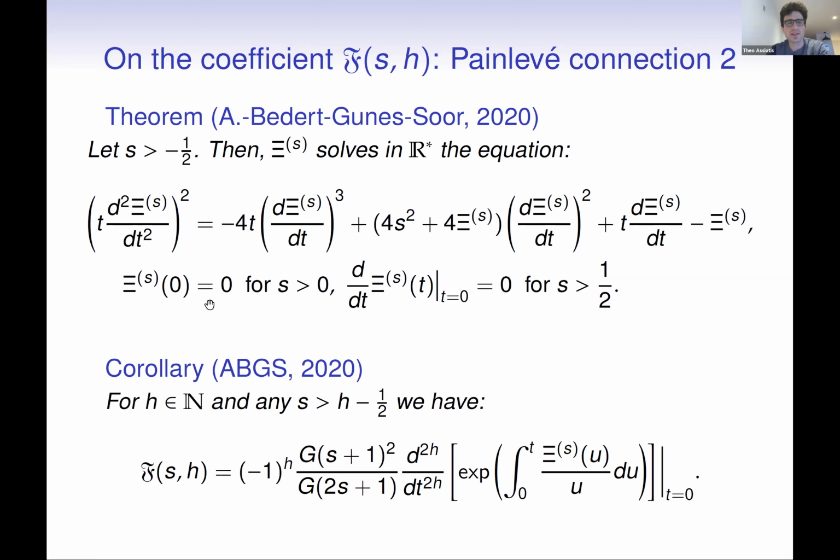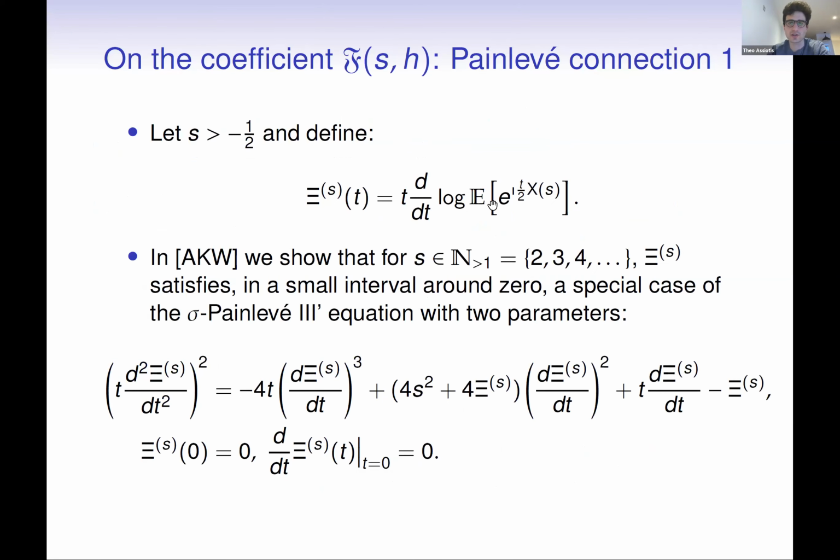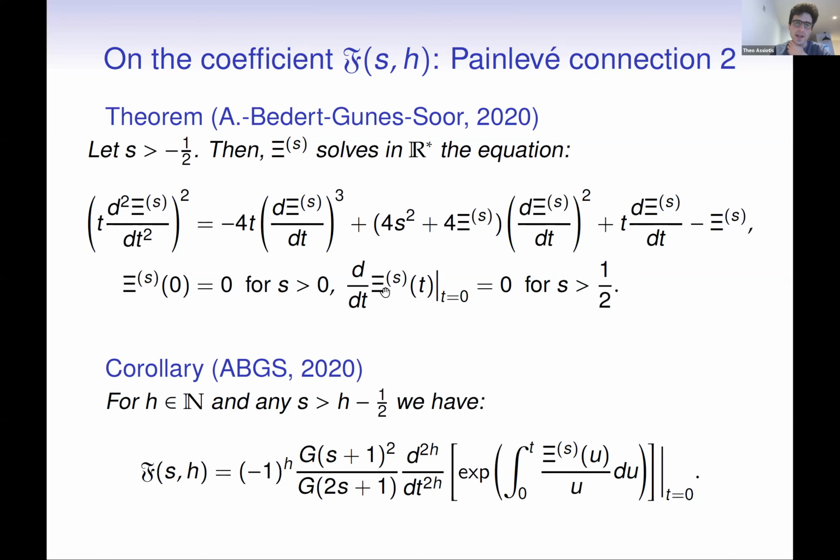We need s to be bigger than 0 for this, because this thing is not continuous at 0, and not differentiable. We need s bigger than 0 to be differentiable, and similarly s bigger than 1/2 here. I should say the boundary conditions here are proven using the moments, so this is taken from the previous paper. This is new in the paper.